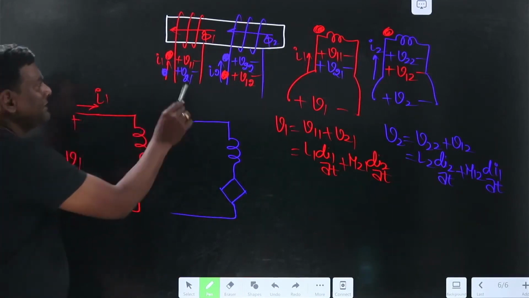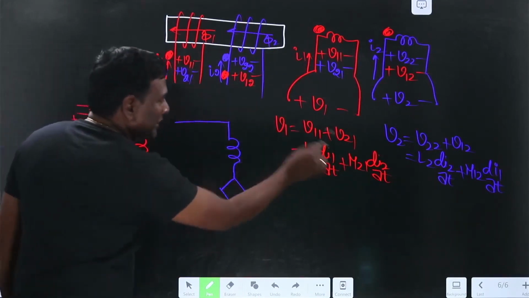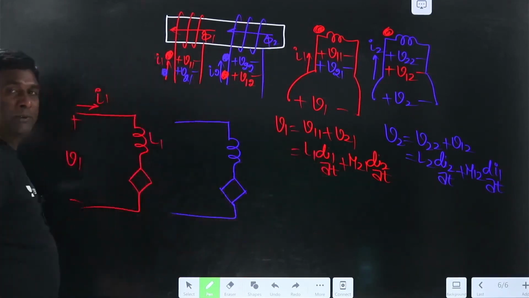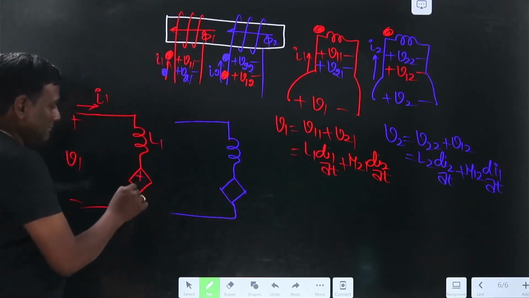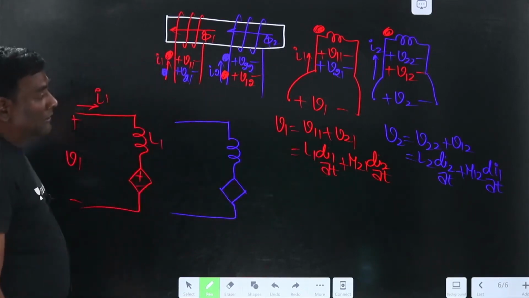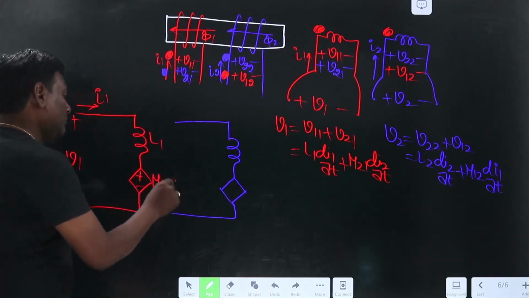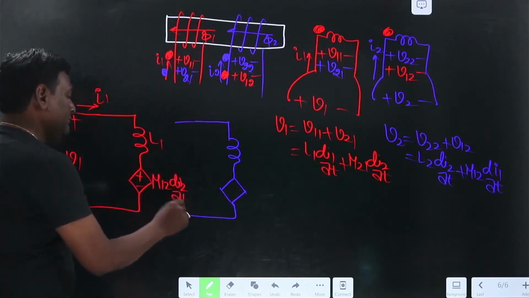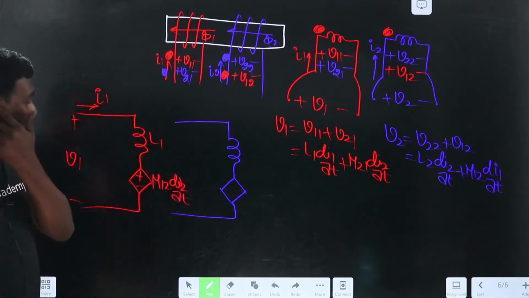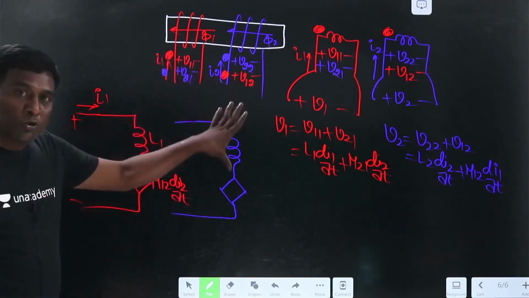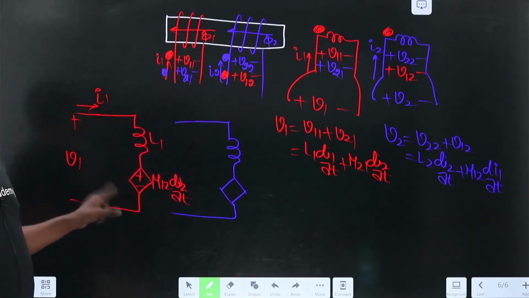This is going to be V11 or L1 di1 by dt, so L1 di1 by dt plus M12 di2 by dt. Where are the dots? Dots are not required because that mutual induced voltage has been converted into a current controlled voltage source.